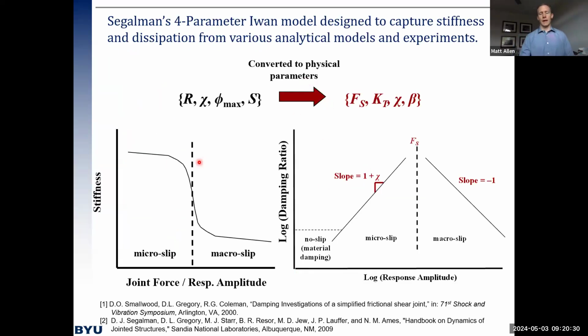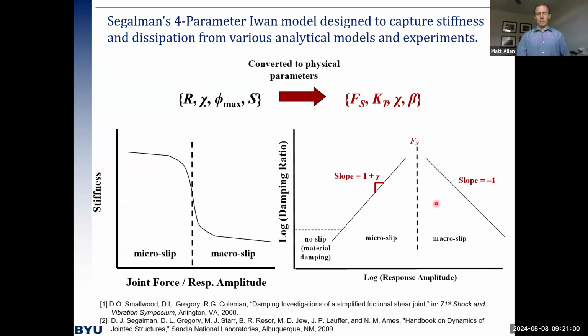And it actually captures the exact behavior that I told you about earlier of microslip stiffness transitioning from microslip to macroslip, and damping having power law behavior in the microslip regime. And then it turns out in the macroslip regime, it's just a single Jenkins element behavior. So you get a slope of -1 in the damping, log damping versus log amplitude there.